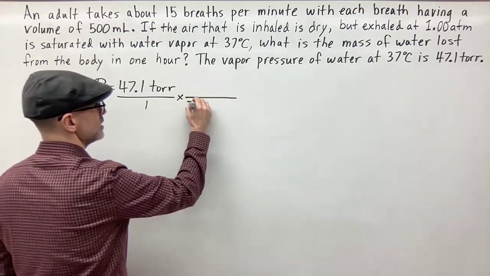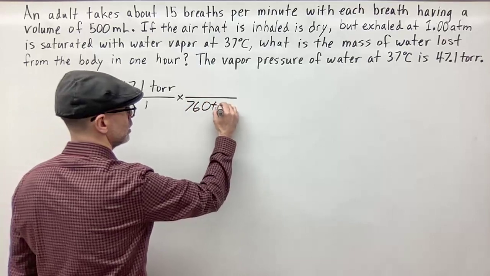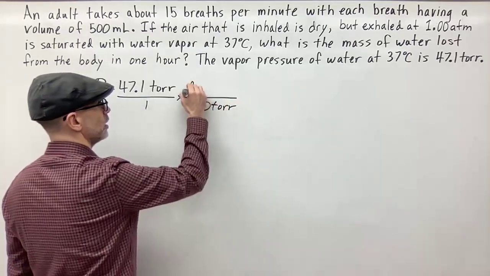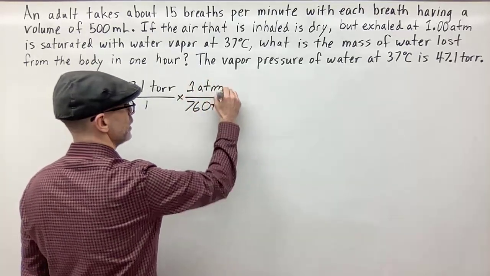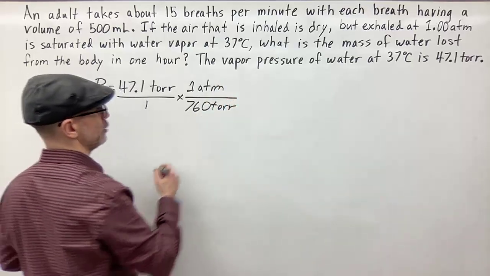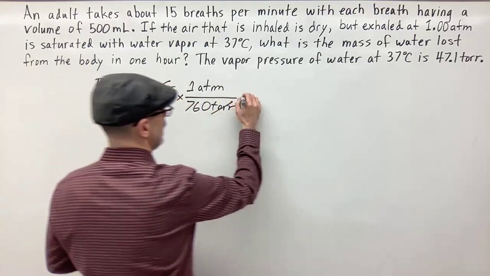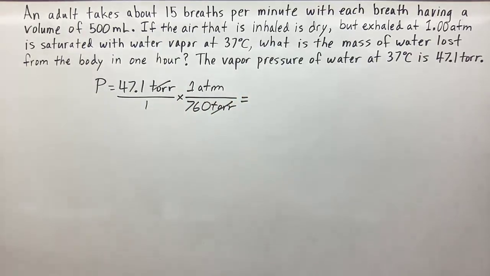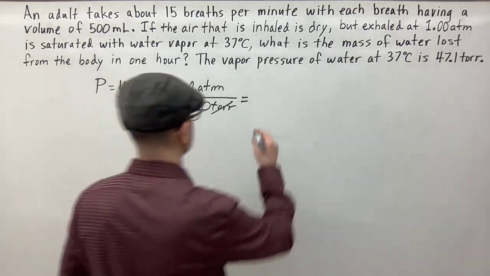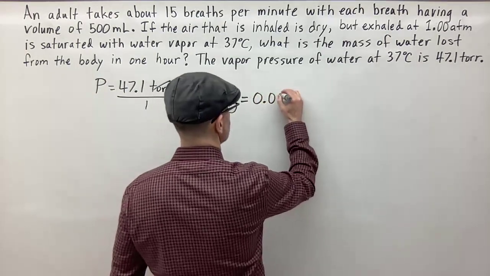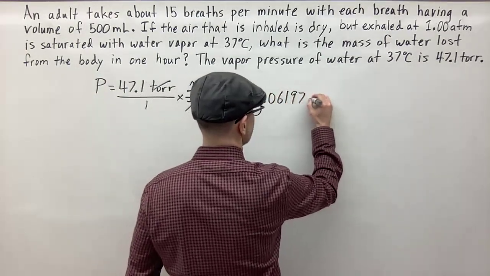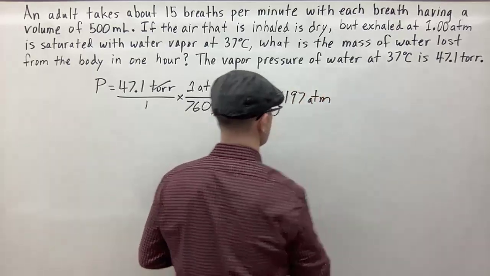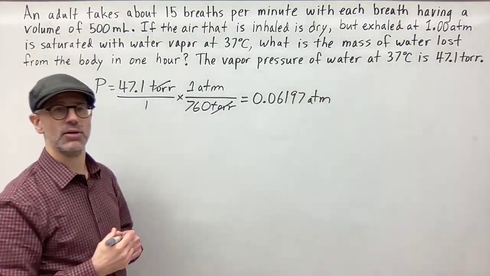I know that 760 torr is equal to 1 atmosphere, so torr cancel out, and I get 0.06197 atmospheres. So we have our pressure in atmospheres now.